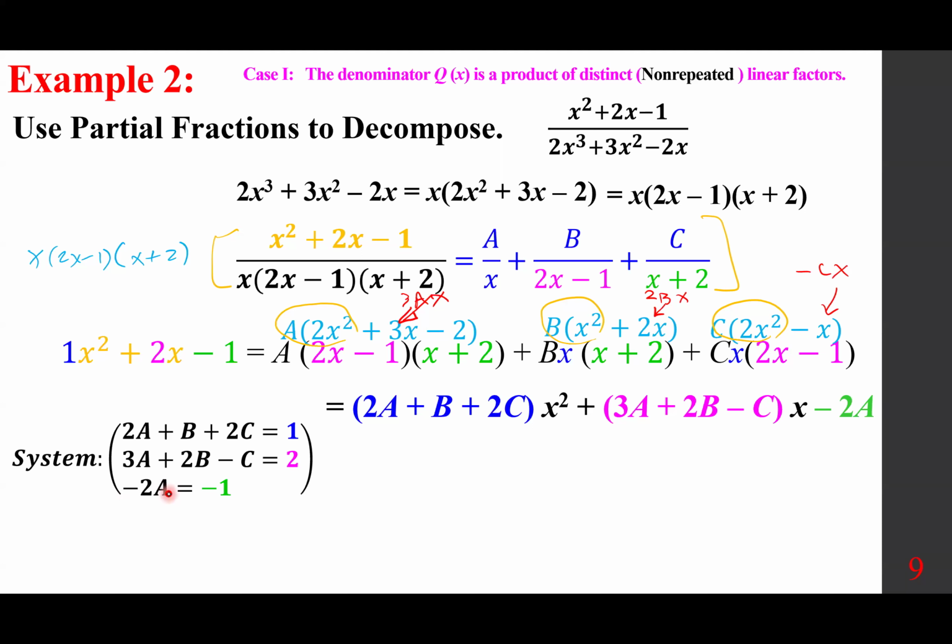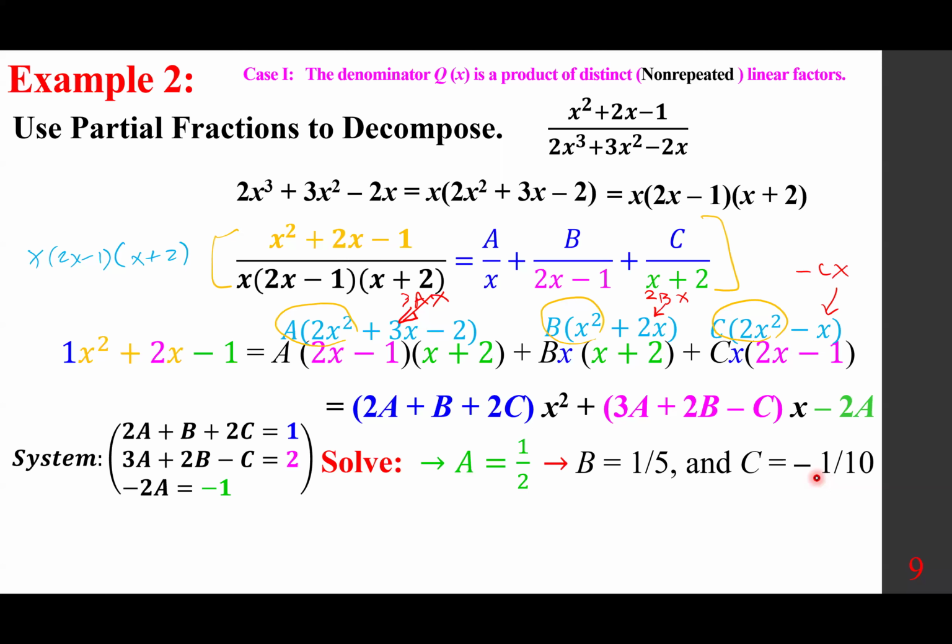A is positive 1/2. And then you replace the a here and here, and you solve this system of two equations. I leave it for you to do that. It doesn't take long. Again, you replace it here, this becomes 1. You replace it here, it becomes 3/2. You solve this system, you can multiply this one by 2, and these two cancel each other. And you end up with b being 1/5, c being negative 1/10.